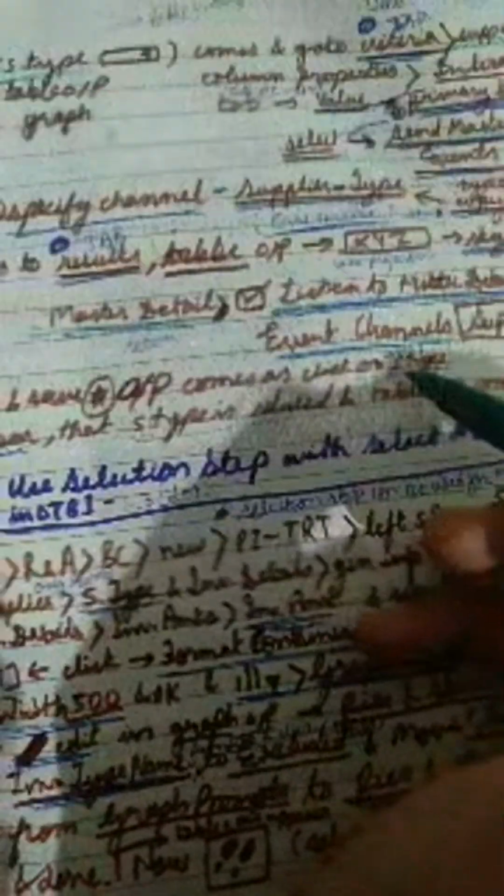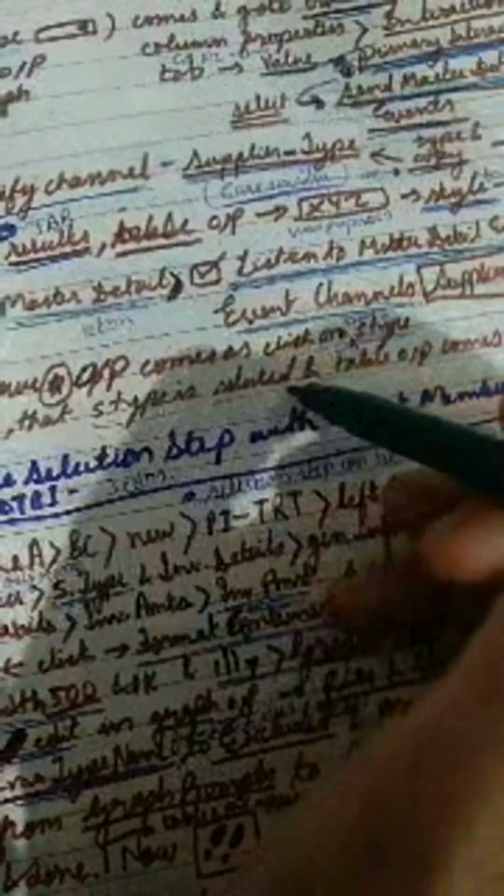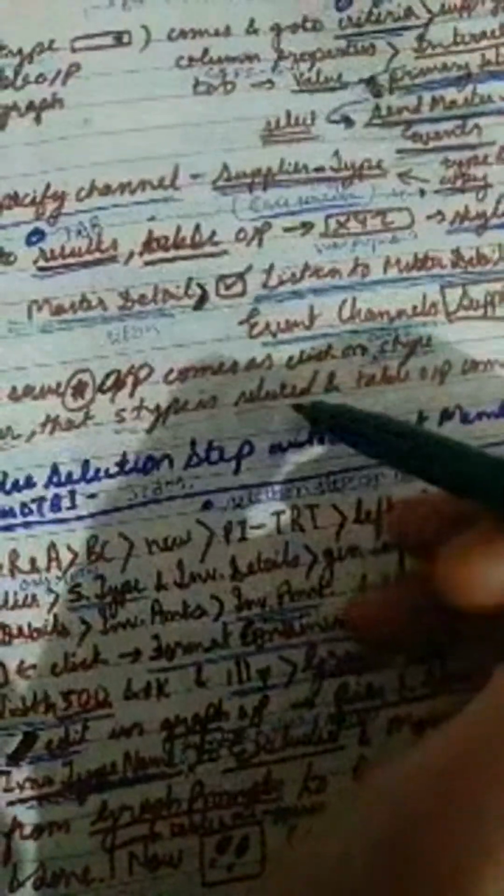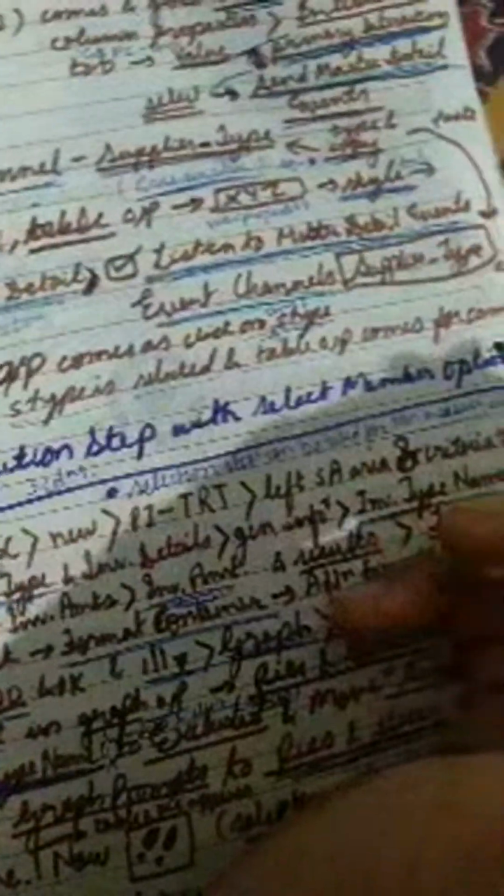The output comes when you click on any one supplier type bar: the same supplier type will be selected in the table prompt as well, and the table output also comes for that. So this is the graph. You have R, Y, G, B, I have 4 values. This is my supplier type, and I'm clicking on the R value.